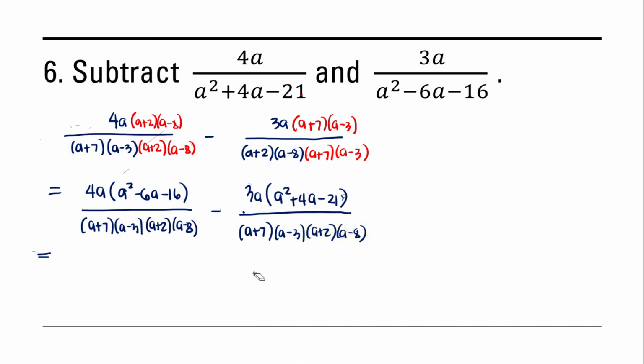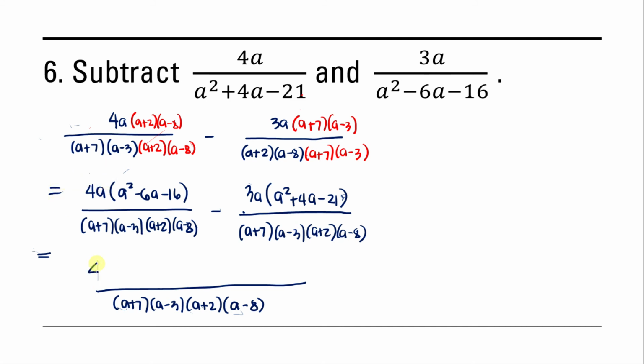So, the next step is for us to simplify the numerator. First, ang denominator natin is a plus 7, a minus 3 times a plus 2 times a minus 8.